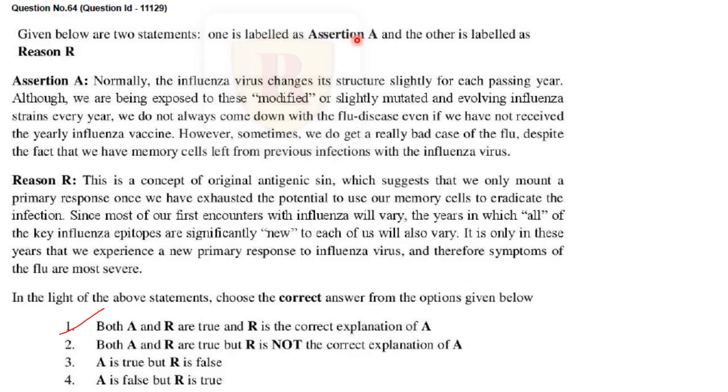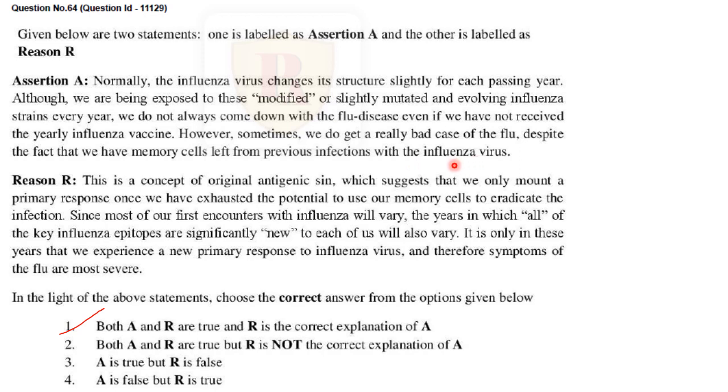Now given below are two statements. One is labeled as assertion A and the other is labeled as reason. Normally, the influenza virus changes its structure slightly for each passing year. Although we are being exposed to these modified or slightly mutated and evolving influenza strains every year, we do not always come down with the flu disease even if we have not received the yearly influenza vaccine. However, sometimes we do get a really bad case of the flu despite the fact that we have memory cells left from the previous infection with influenza virus.